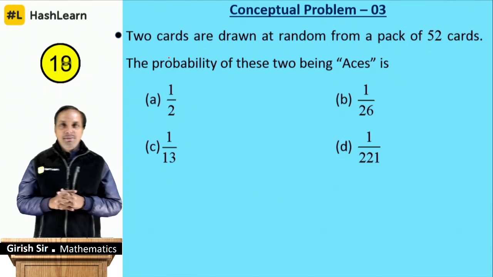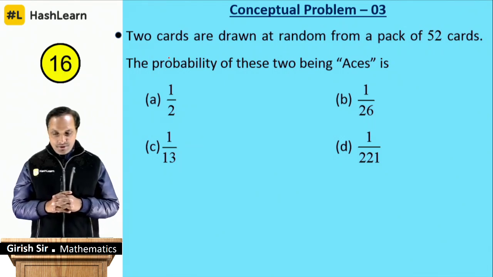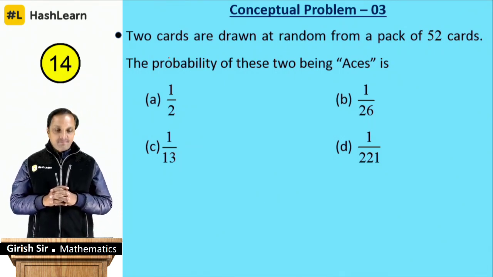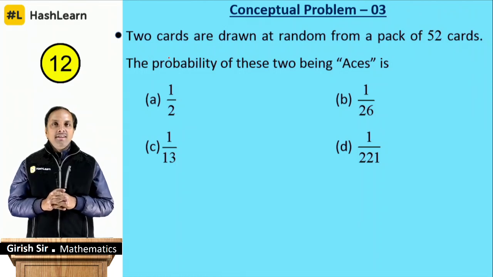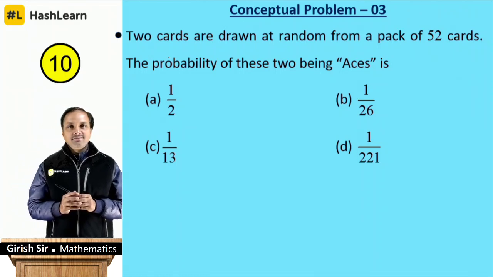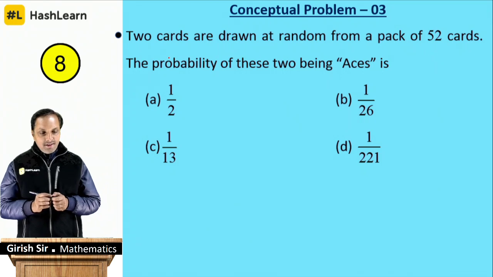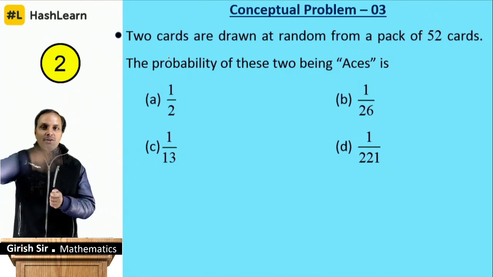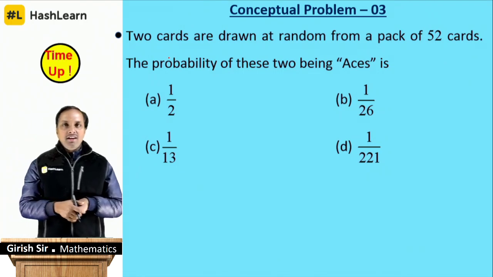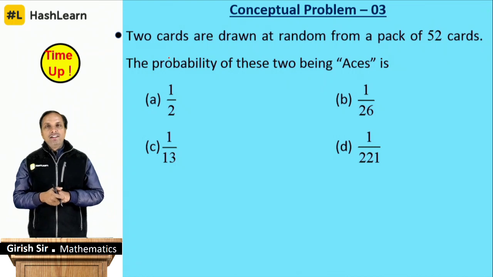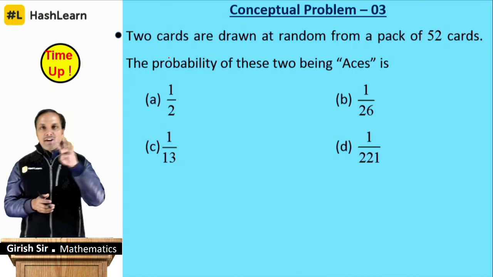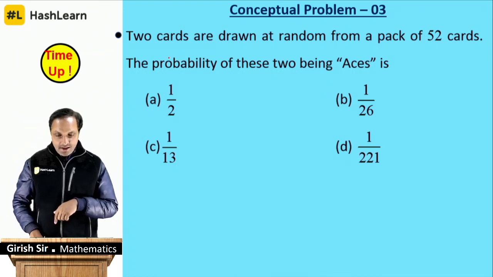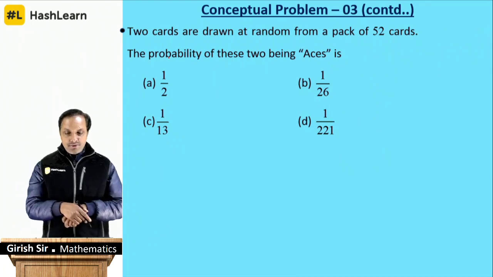You know how many aces will be there in a deck of 52 cards? There will be 4 aces. Out of 52 cards, you are going to pick 2 cards, and out of those 52 cards, you will have 4 aces. Chalo, let us look into how to do this problem.